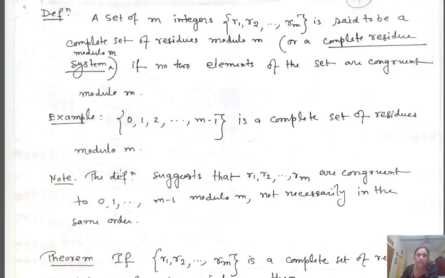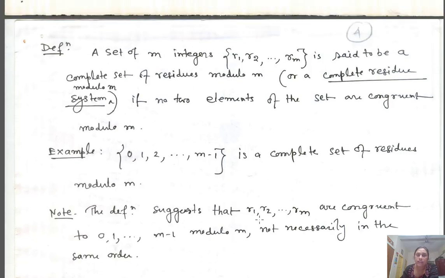This definition suggests that r1, r2, up to rm is essentially congruent to 0, 1, up to m minus 1 modulo m, not necessarily in the same order. So these two sets are essentially the same, maybe in some other order.